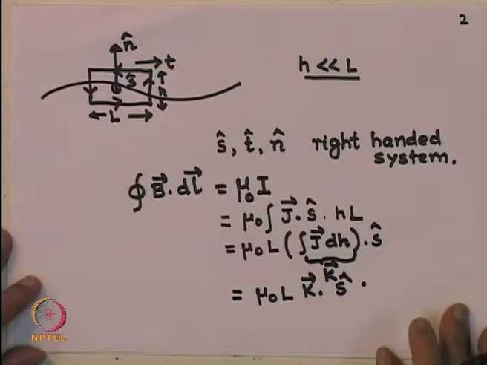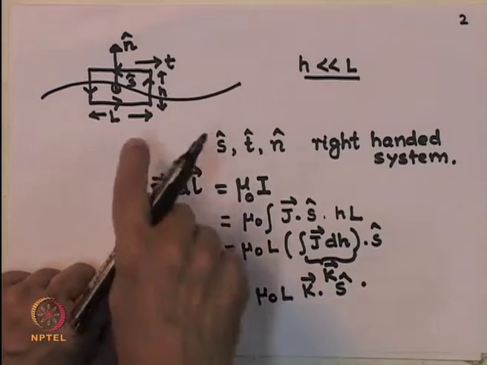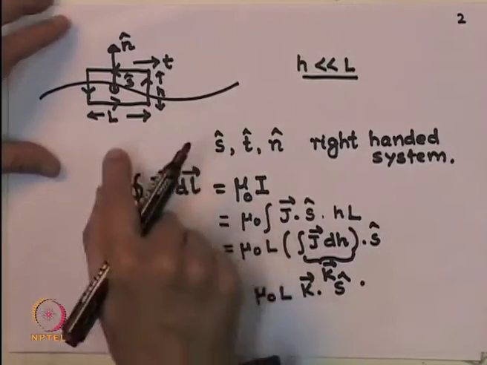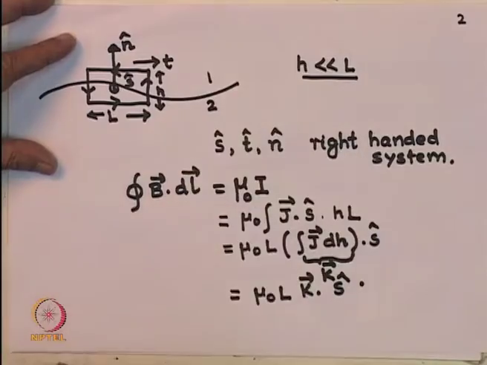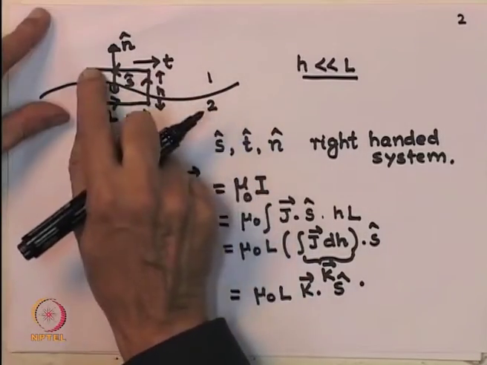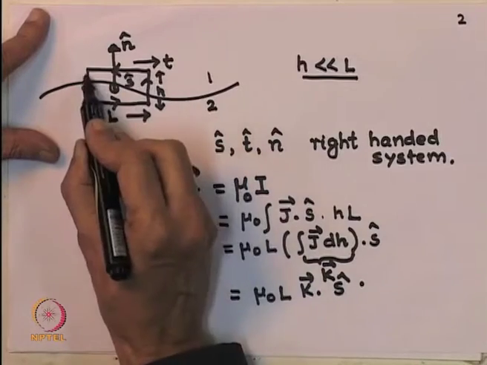Let us look at the left hand side. I have called this loop 1, this is loop 2. I have taken this as the direction of the Amperian loop.